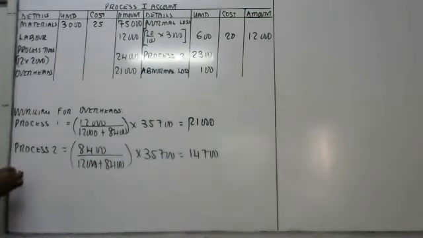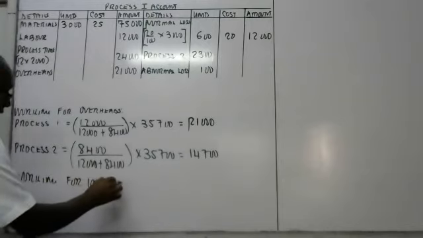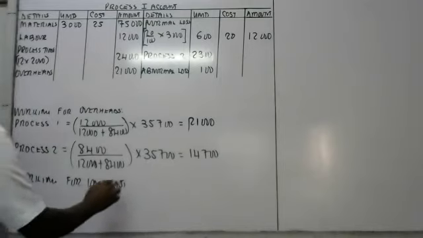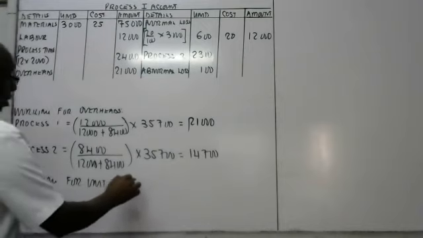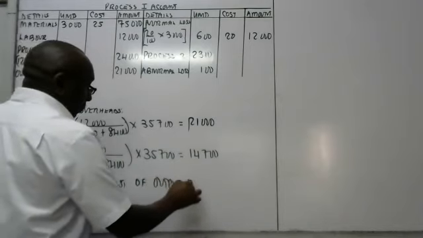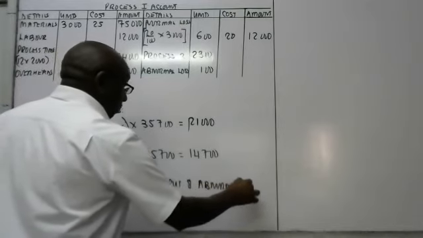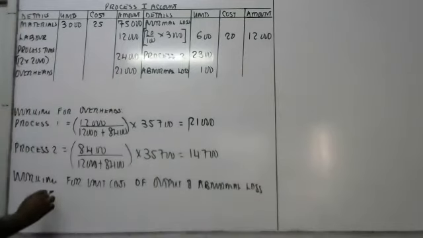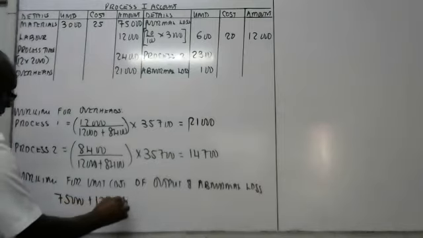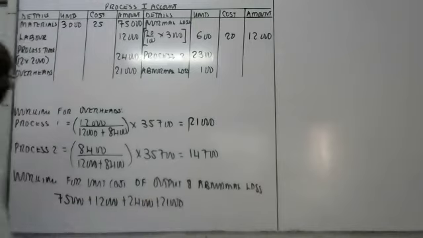So down here now we get working for unit costs of output and abnormal loss. Now this one will be 75,000 plus 12,000 plus 24,000 plus 21,000.